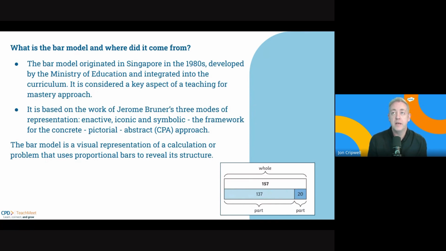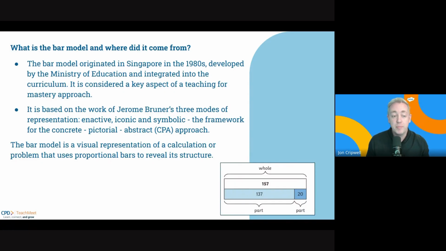And obviously Singapore is one of the jurisdictions internationally that we have taken a lot of inspiration from, I would say, when we've been developing a mastery approach in this country, in England, and one of the areas that we look to, because they were fundamental, I would say, in leading the way with conceptual understanding, and deeper understanding of mathematical structures for their pupils.